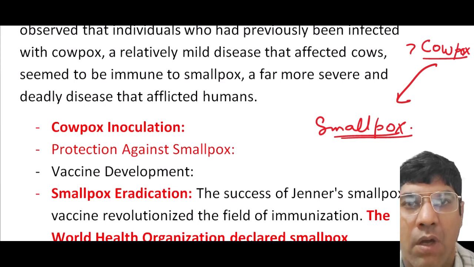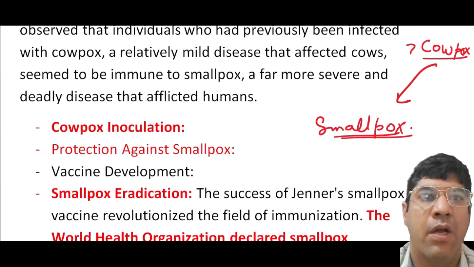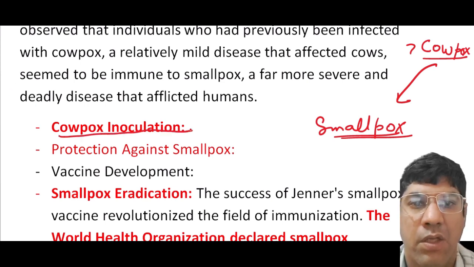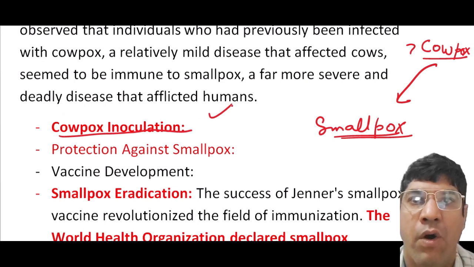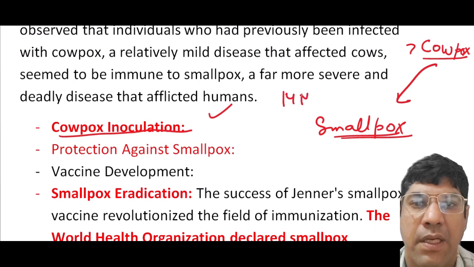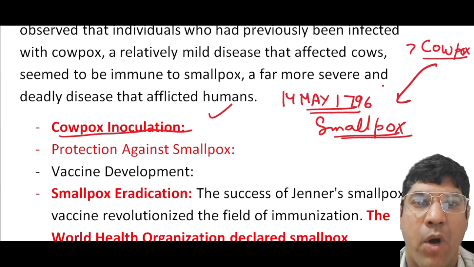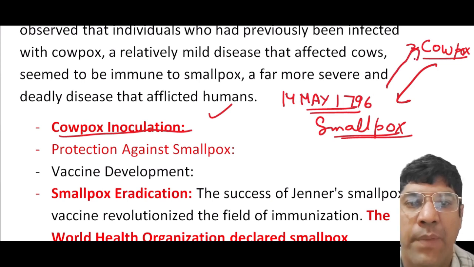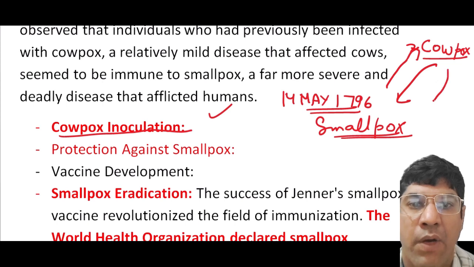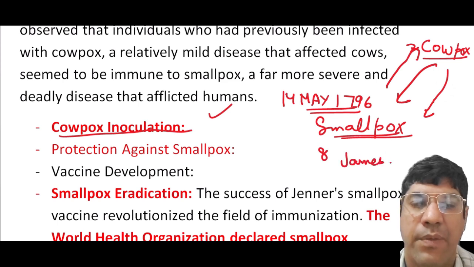So what he did was cowpox inoculation. Jenner conducted an experiment on, remember, May 14, 1796. He took material from a cowpox lesion on a milkmaid's hand and inoculated an 8-year-old child named James Phipps.